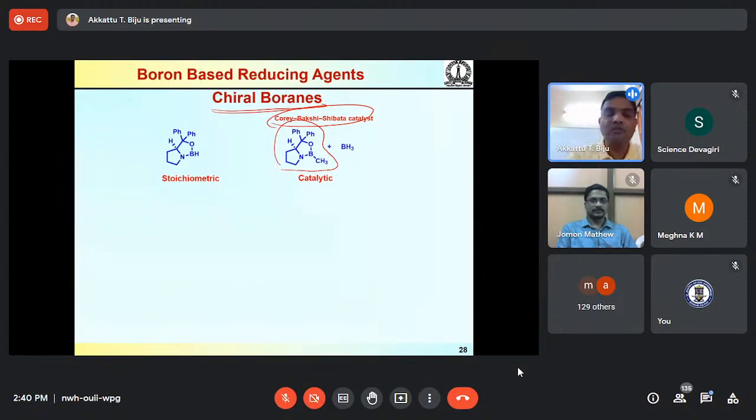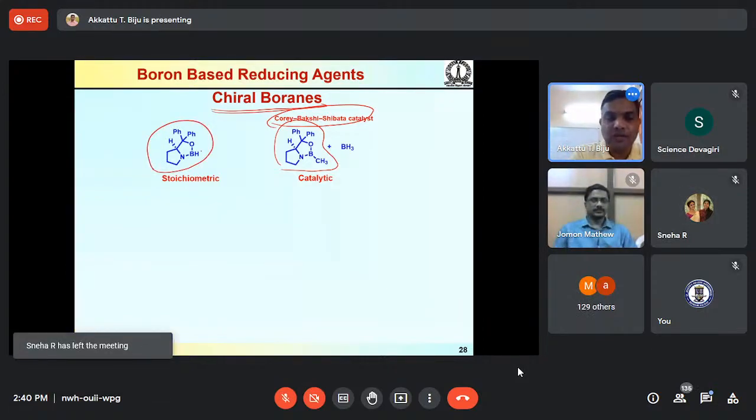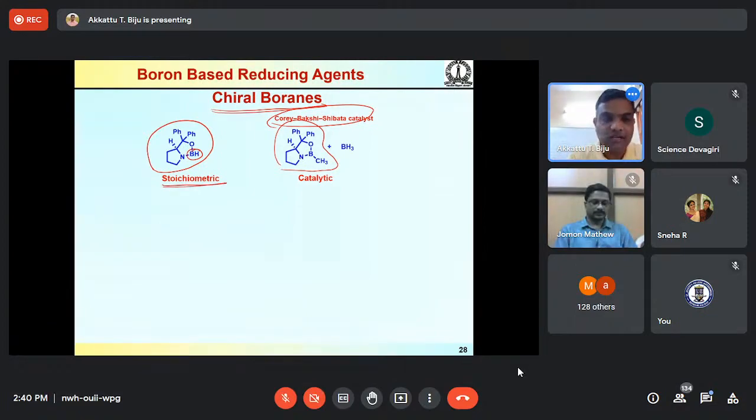In one way, it is a chiral borane reagent where you have a BH bond that can be donated to the substrate, and you need to use this reagent in stoichiometric amount because it cannot act as a catalyst.